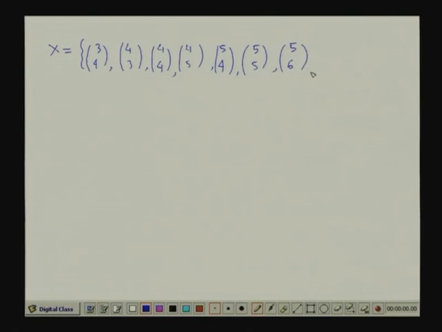So the population of vectors x is given by: 3 4, because in location 3 4 we have an object present; 4 3, here also an object is present; 4 4, here also an object is present; 4 5; 5 4; then 5 5; then 5 6; and then 6 5.